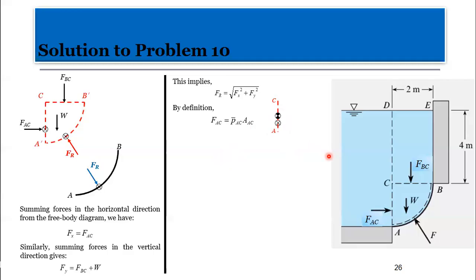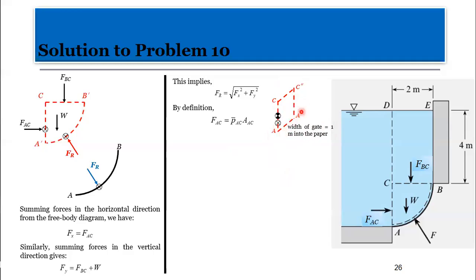So for my FAC, this is the way the area looks, because we are talking about the volume here. This is the gate, more or less an imaginary gate. We are saying that the width of the gate is 1 meter into the paper, so we've drawn the 1 meter into the paper.